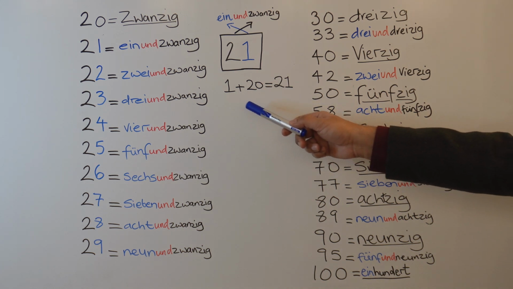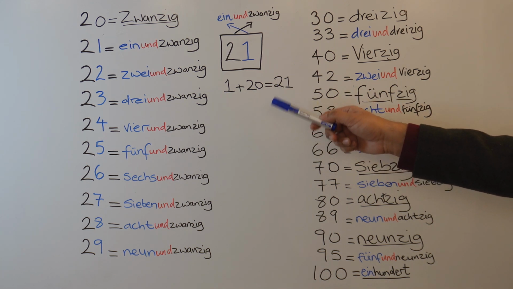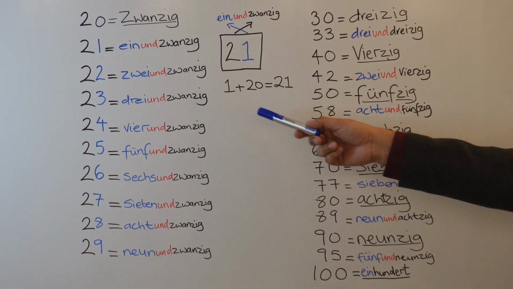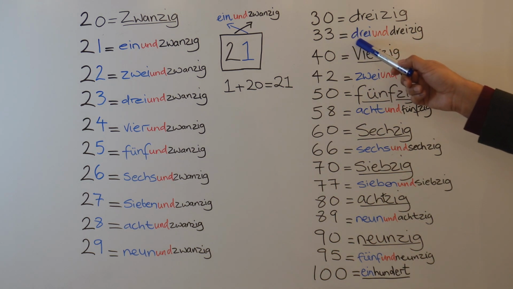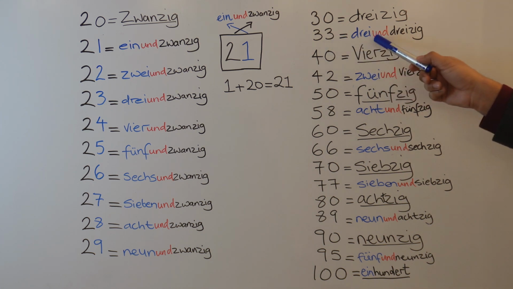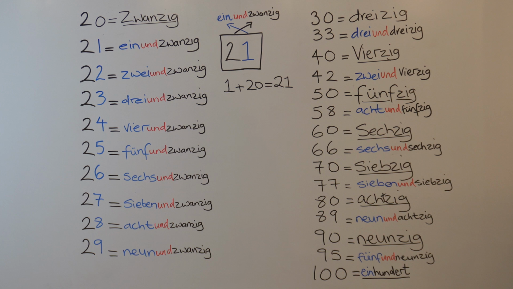For 32, the same principle applies. 2 and 30, 32. And then when you come to 33, the same principle. 3, the second number first, und 30. The smaller number first and then the bigger number. 33.